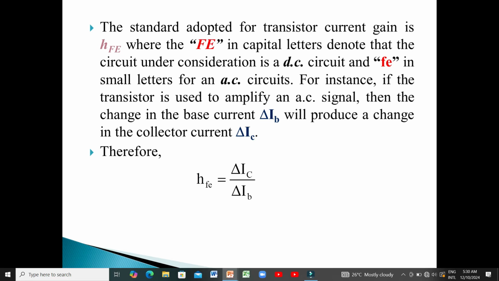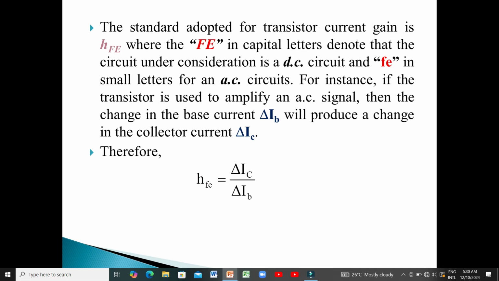The standard adopted for transistor current gain is hFE, where the FE in capital letters denotes that the circuit under consideration is a DC circuit, and fe in small letters is an indication that the circuit under consideration is an AC circuit.